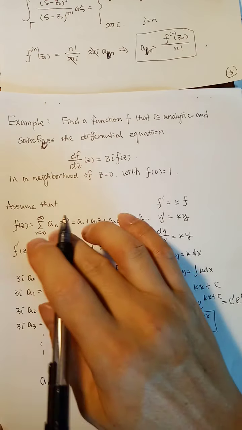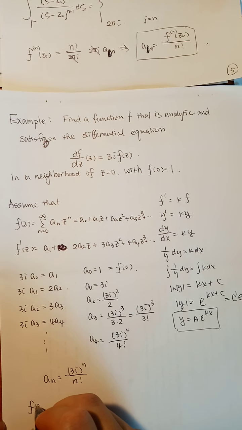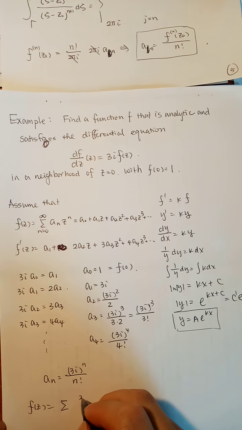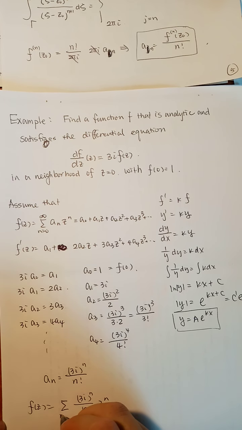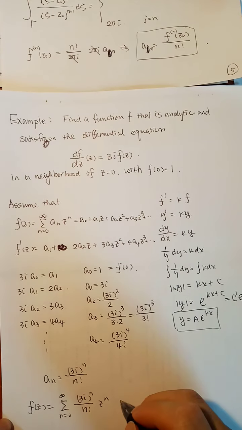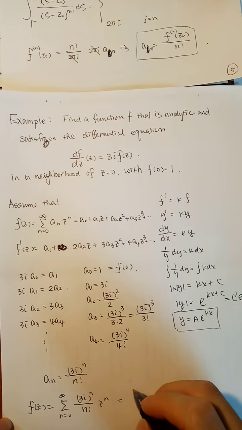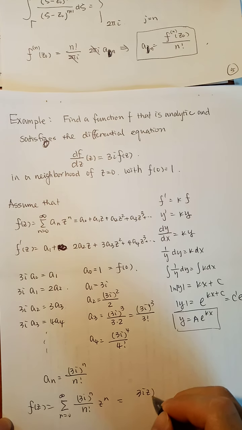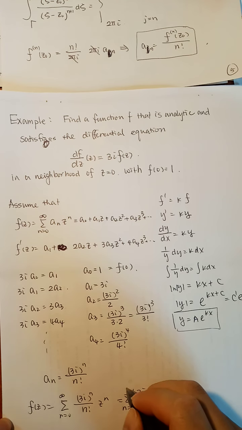So what is f? F of z becomes the sum of 3i to the n over n factorial times z to the n, from 0 to infinity. Combining 3i with the z, you get the sum of (3iz) to the nth power over n factorial, n from 0 to infinity.